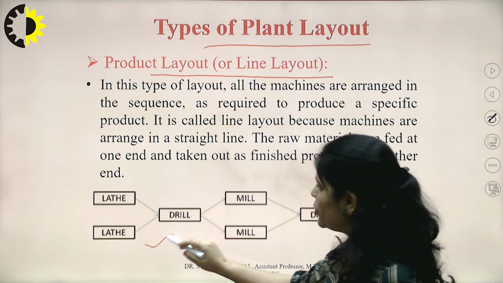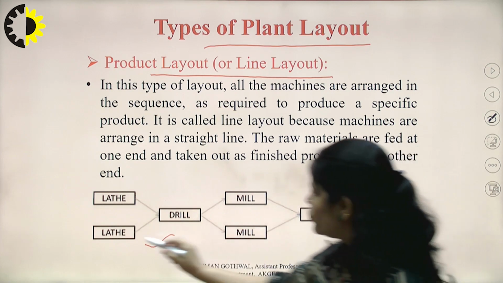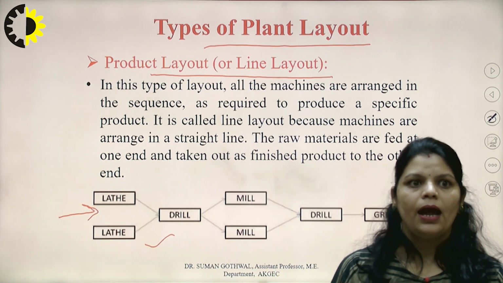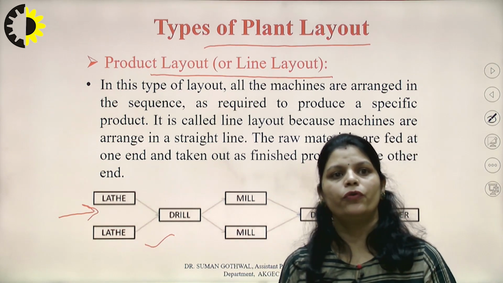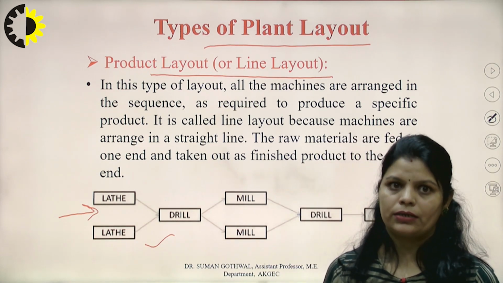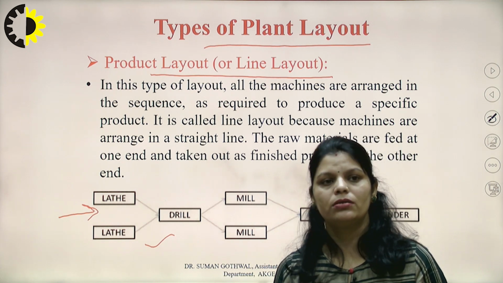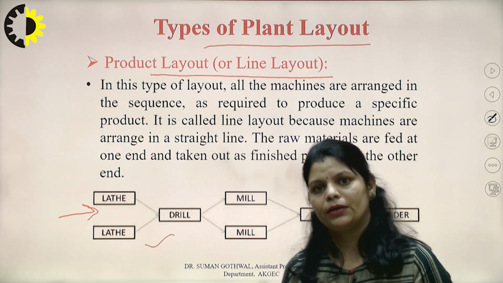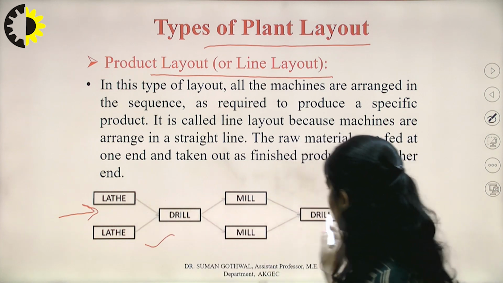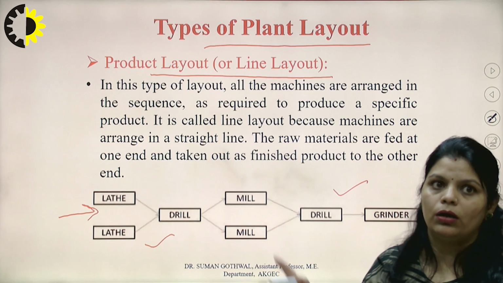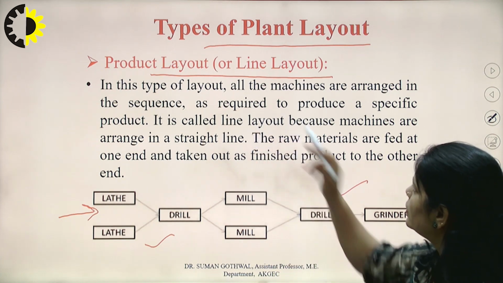In this diagram, you can see that the raw material will be provided at one end of the line, and it will go from one operation to the next, with minimum work in process, storage and material handling. Clear? This is the diagram representing the product layout.